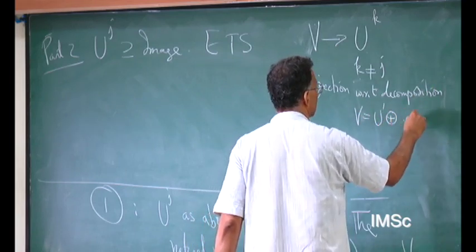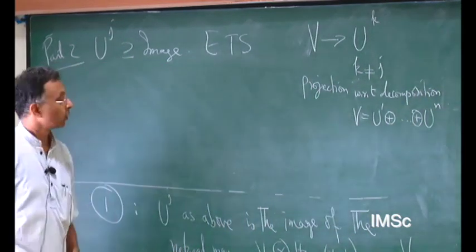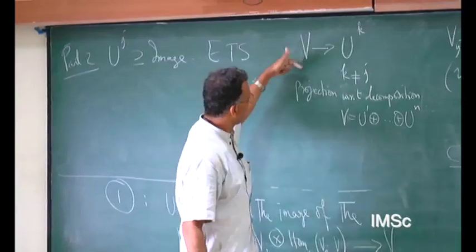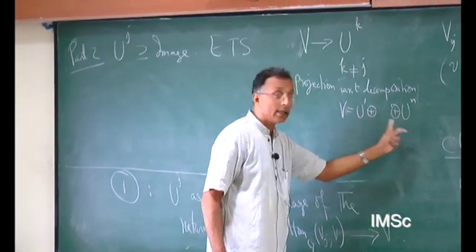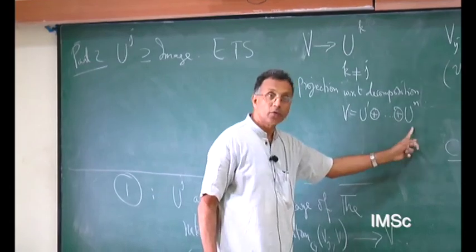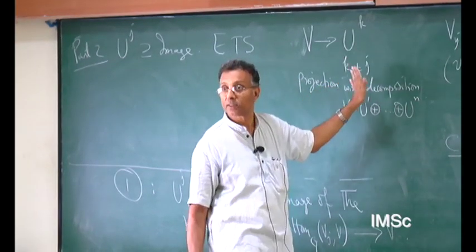You have a decomposition like this, right? So this is the projection, meaning I take an element of V, write it uniquely as a sum of one element of U1, one element of U2 and so on, and take the element corresponding to K. This is what this means, right?